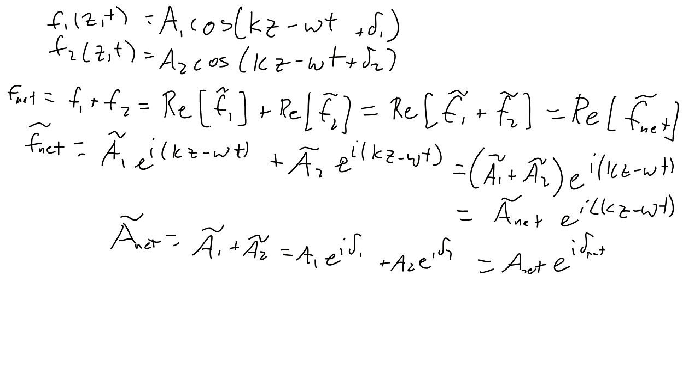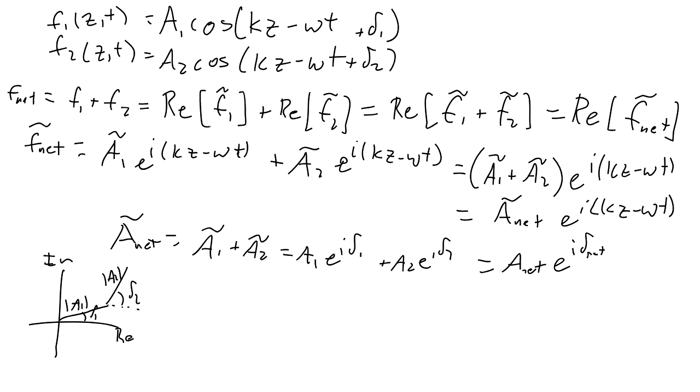So I could make a graph if I wanted to with these things, where I've got the imaginary axis and the real axis. A1 is going to have some modulus and some phase factor, and A2 will have some other modulus and some other phase factor.